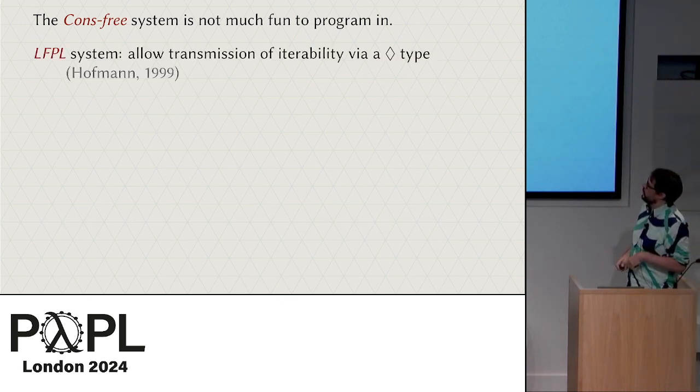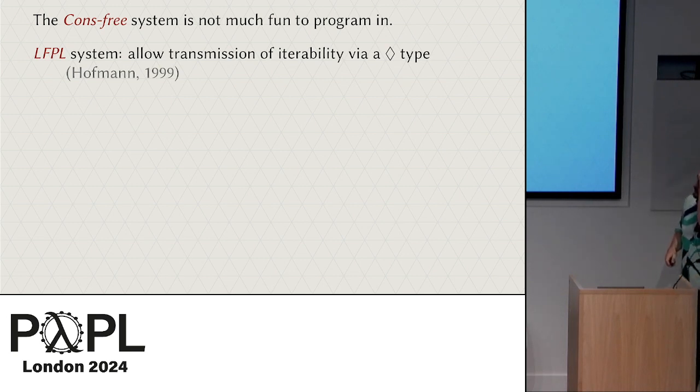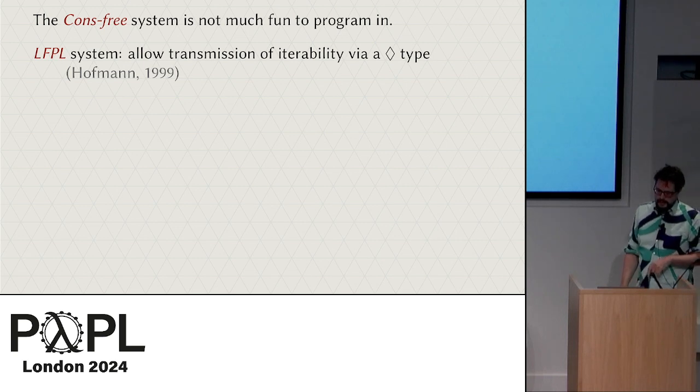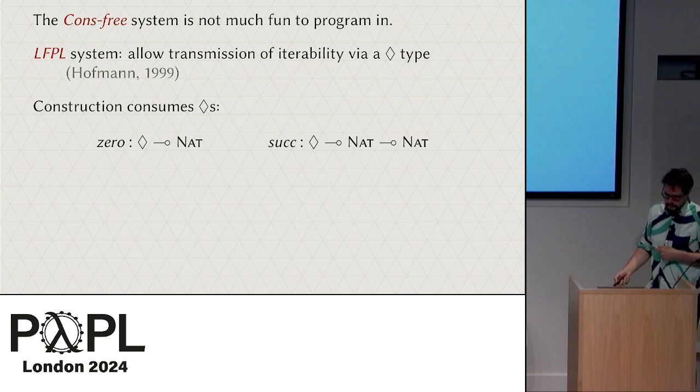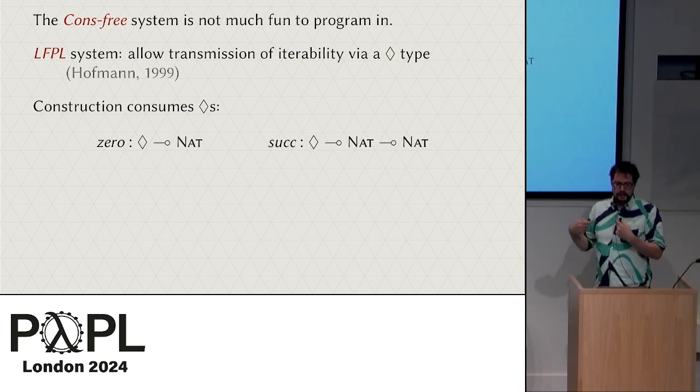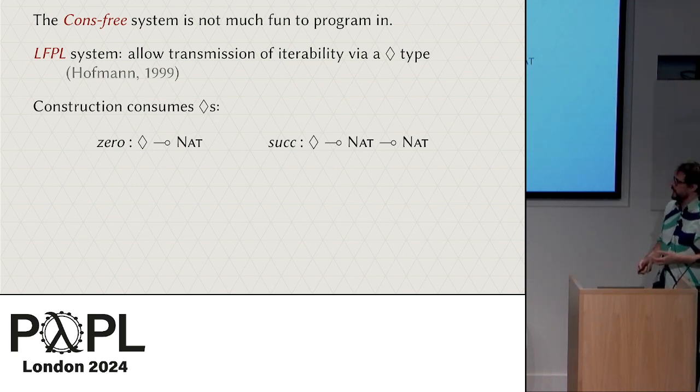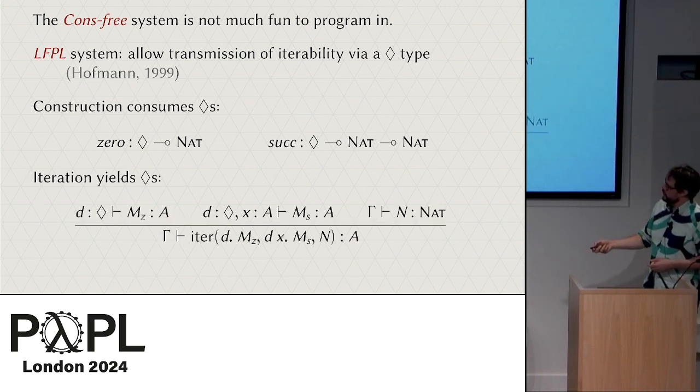it's not much fun to program in. So Martin Hofmann, about 25 years ago now, came up with this LFPL system, which stands for Linear Functional Programming Language, that allows transmission of this iterability via diamonds. So we can now construct iterable natural numbers by paying a diamond for each constructor, and then when we iterate over them, we get the diamond back.